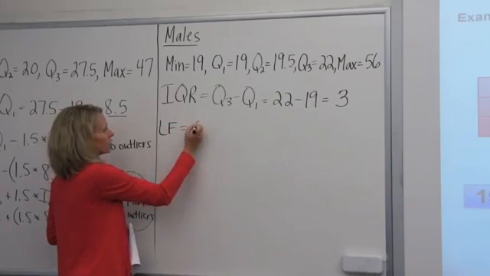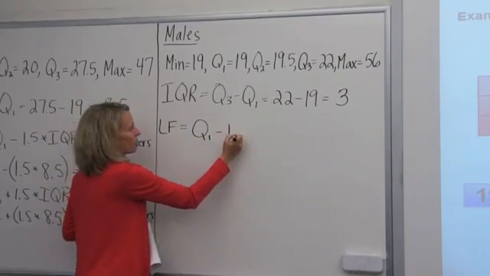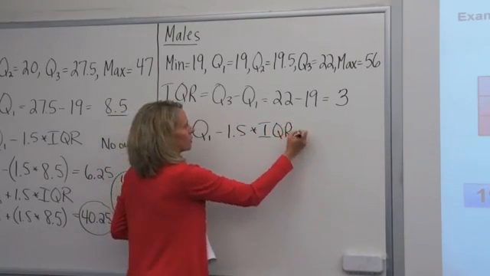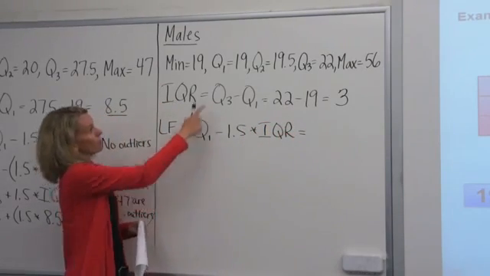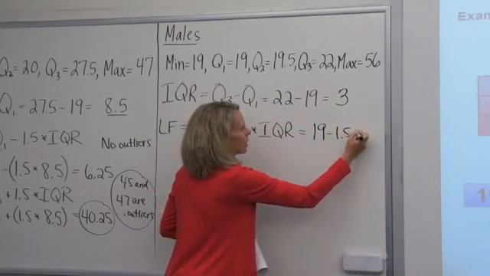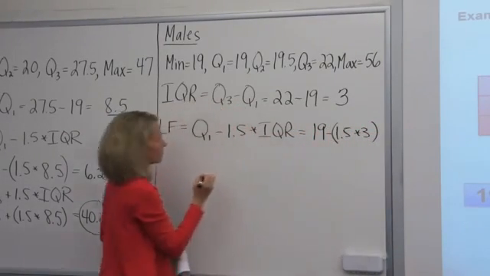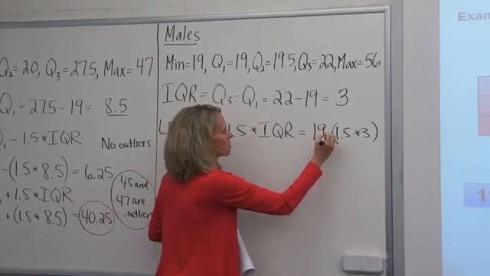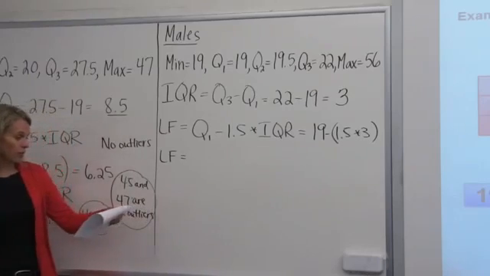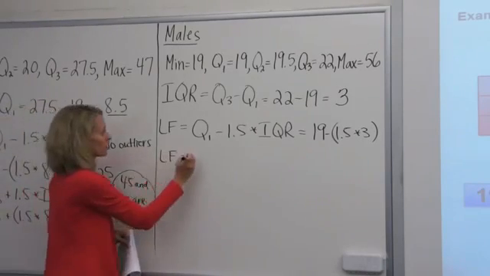The lower fence starts at Q1, subtract off 1.5 times the interquartile range. So Q1 for the males is 19, minus 1.5 times 3. The lower fence for the male data set is 14.5.